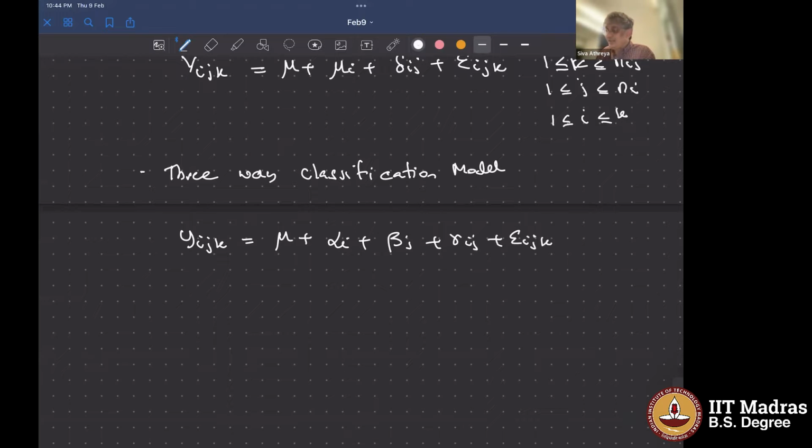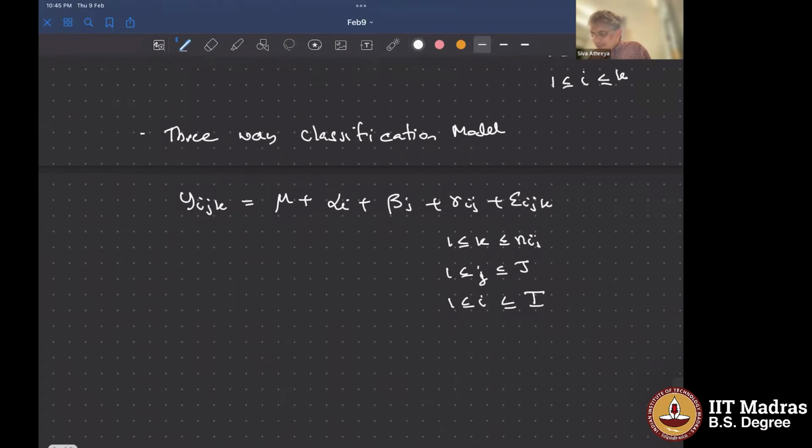So randomness is only in the epsilon, everything else is a parameter. Here 1 less than or equal to k less than or equal to n_ij, 1 less than or equal to j less than or equal to capital J, going independently, and i also will be capital I. So it's called three-way classification.